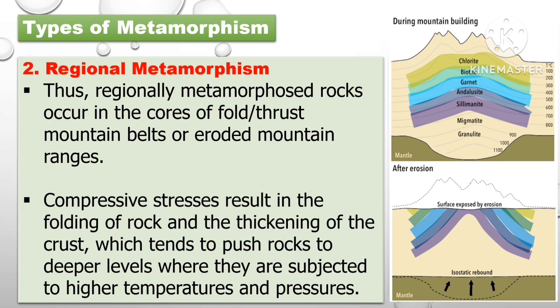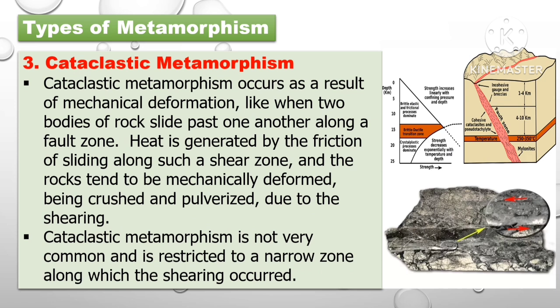Thus, regionally metamorphosed rocks occur in the course of fold and thrust mountain belts, or eroded mountain ranges. Compressive stresses result in the folding of rocks and the thickening of the crust, which tends to push rocks to deeper levels where they are subjected to higher temperatures and pressures.